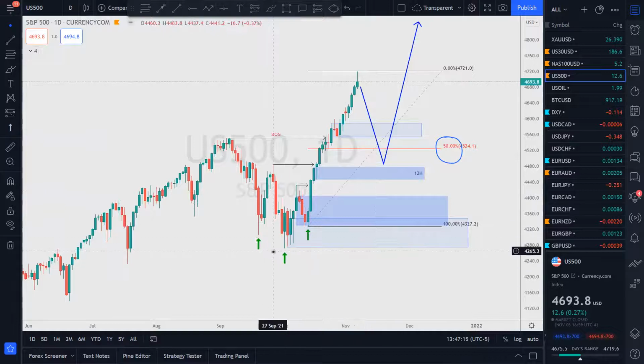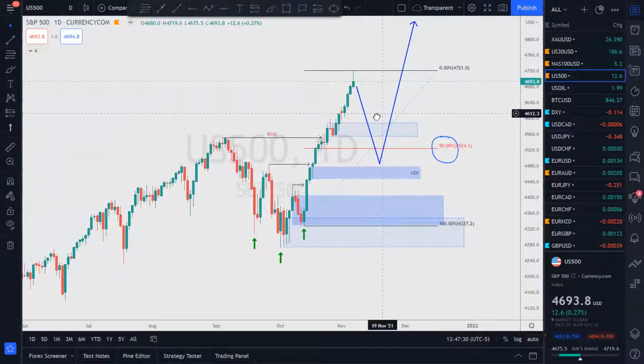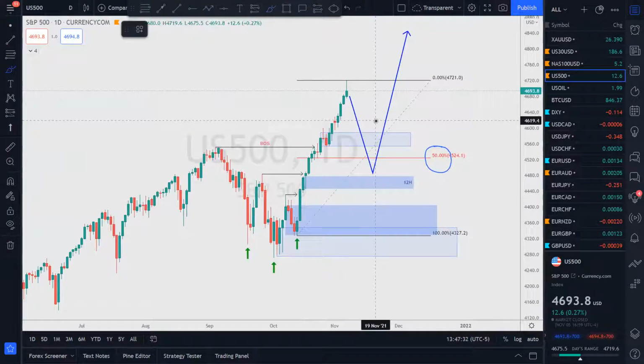We got a lovely reversal, and we're looking for price to give us that correction of this impulse, and then we'll be taking a long for the next impulse. We're waiting for price to enter these AOs.